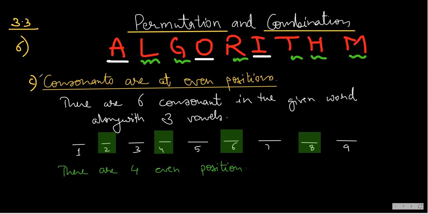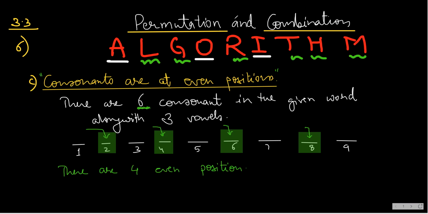Students, they have clearly said that consonants are at even position. Now 6 consonants we need to arrange at these 4 places. Now I know what you are thinking. You're thinking that if there are 6 consonants, then how can they be arranged at 4 places?